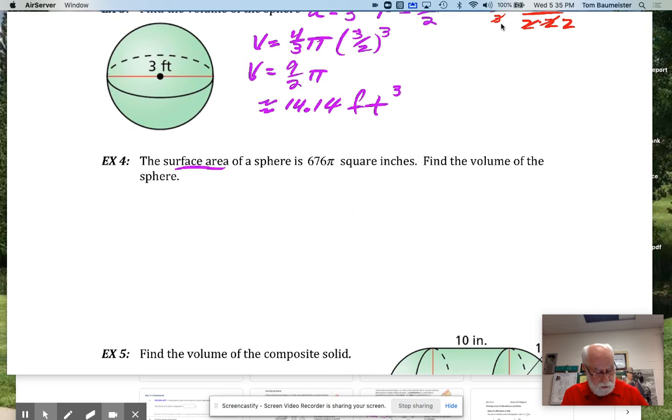So if we're talking about the surface area, the formula for the surface area is 4 pi r squared. All right. And that will equal 676 pi. Again, the square there tells me that it's that. Okay. So now we're going to divide both sides by 4 pi.